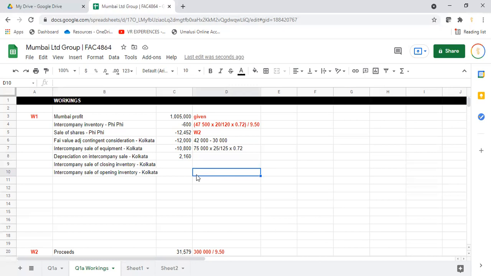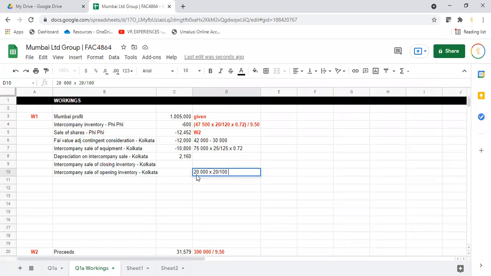So the inventory on hand last year was 25,000. Included in the 25,000 Rand was an unrealized profit of 20% on gross profit. Because it's 20% on gross profit, that is basically a markup on sales. So we say 20 divided by 100.